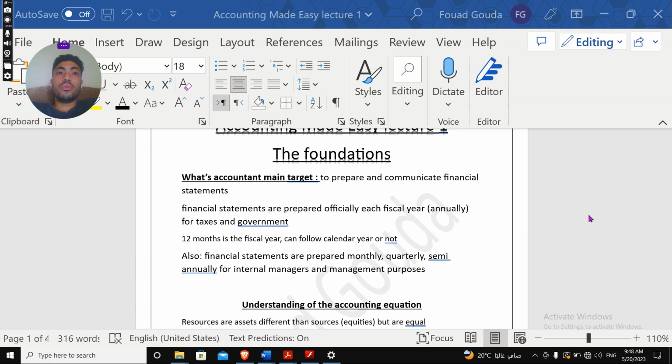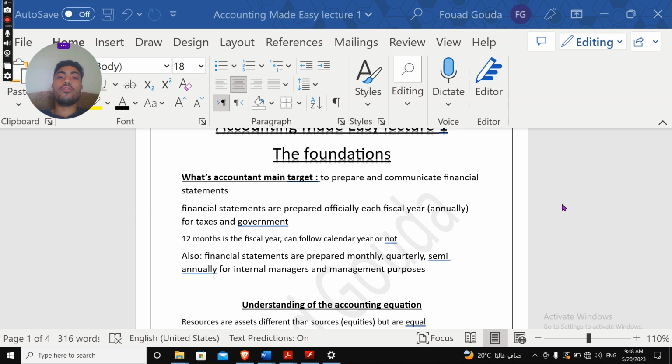We get to know this information through the science of accounting. Mainly, accountants exist for preparing and communicating the financial statements. These statements provide the owner and the intended management the needed information about the company: whether they are gaining money, losing money, do they have liquidity, or are all of their assets in a sold state.